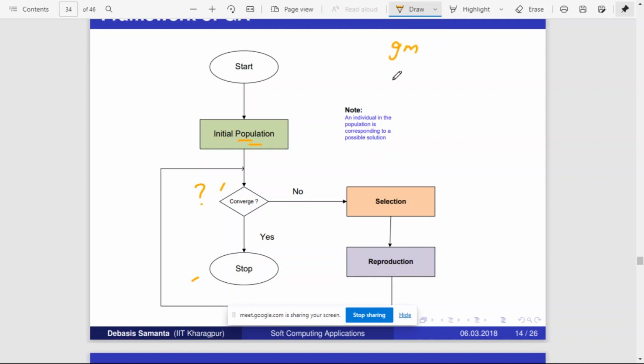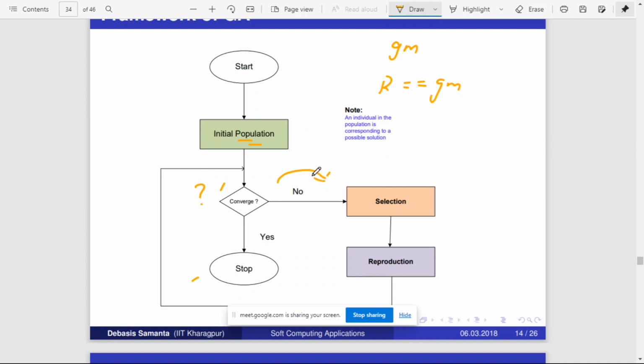Generally we don't know the global minima, but I'm saying it just for understanding. Whatever result you are getting, you compare with the global minima. If it is not equal to global minima, you select again, reproduce again, check again. You keep on doing this, right? But after several iterations you are still not getting the global minima.